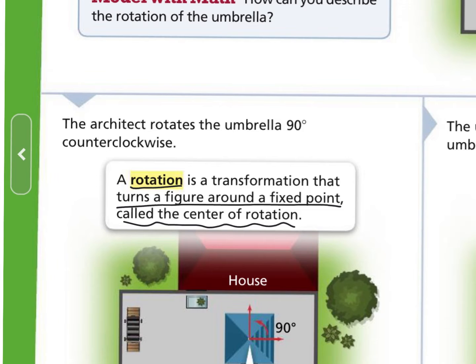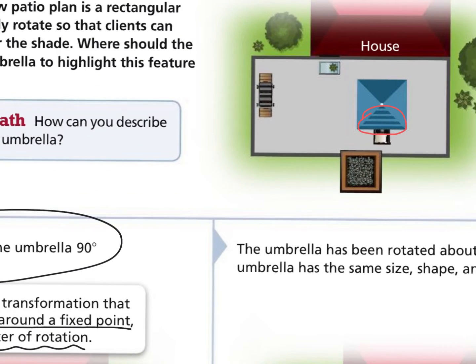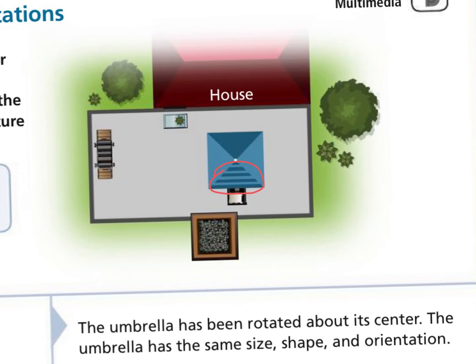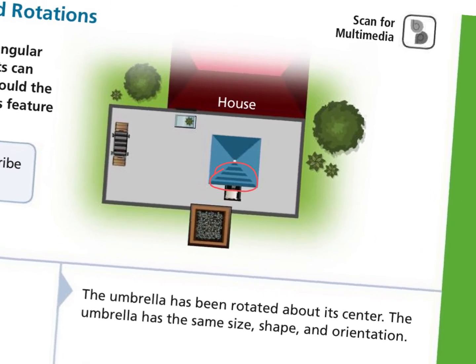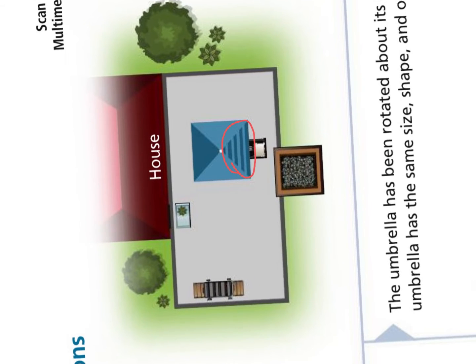It tells us here the architect rotates the umbrella 90 degrees counterclockwise. So you can see here where it started. If we move 90 degrees counterclockwise, it would be going like this.